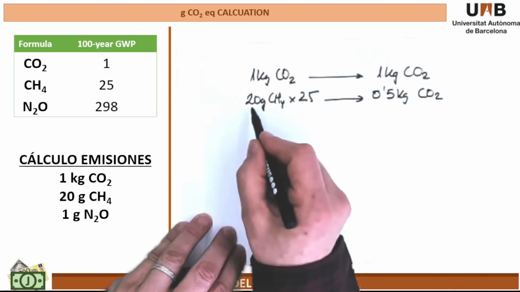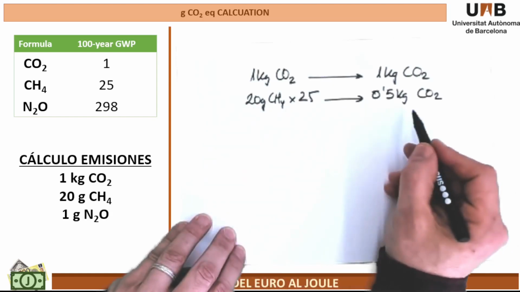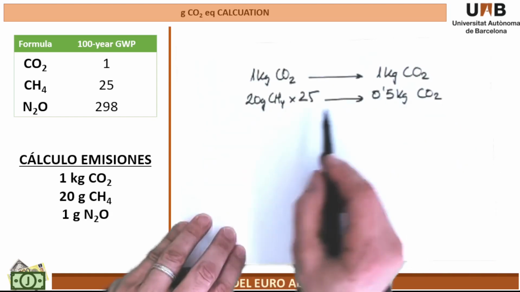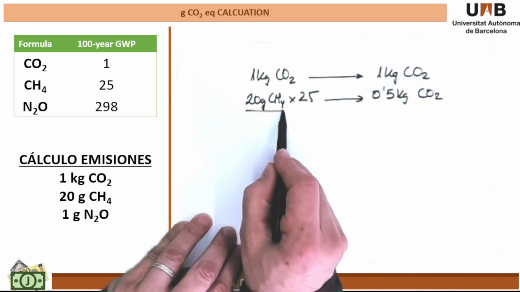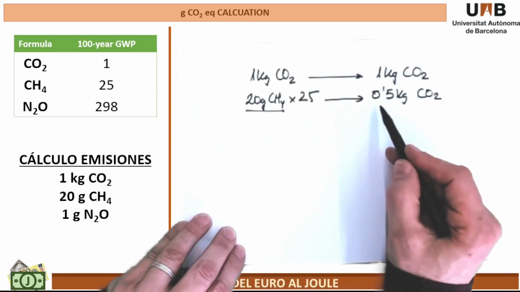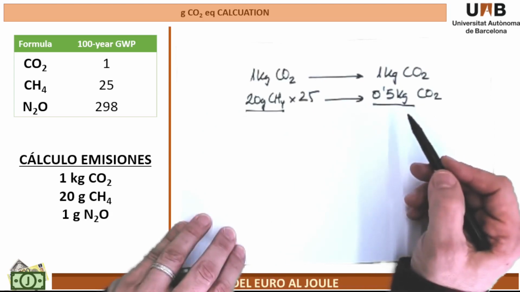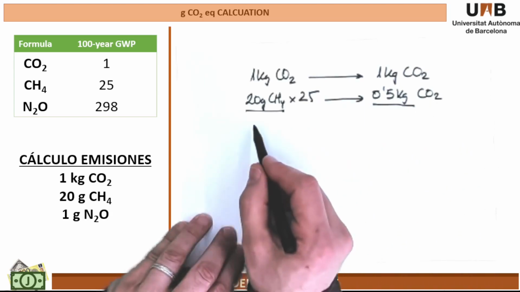Multiplying 25 by 20 grams is 500 grams, that is half a kilogram of CO2. This means that 20 grams of methane has a warming potential equivalent to half a kilogram of carbon dioxide.